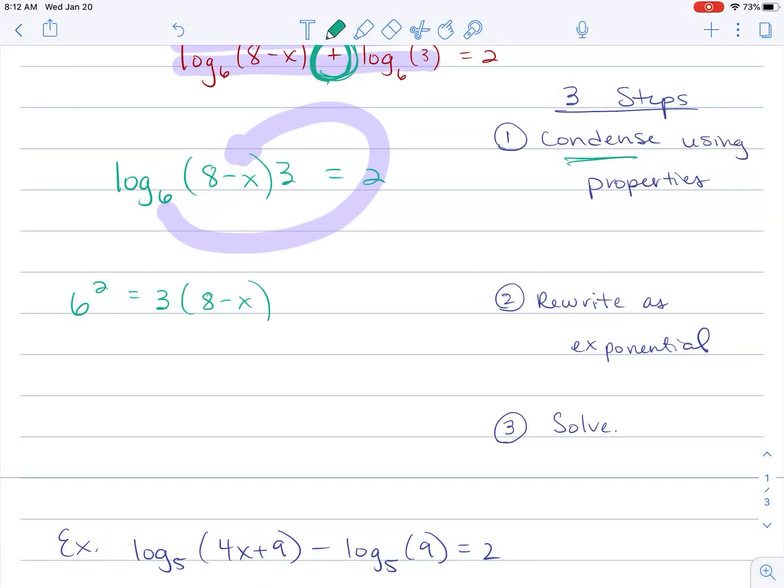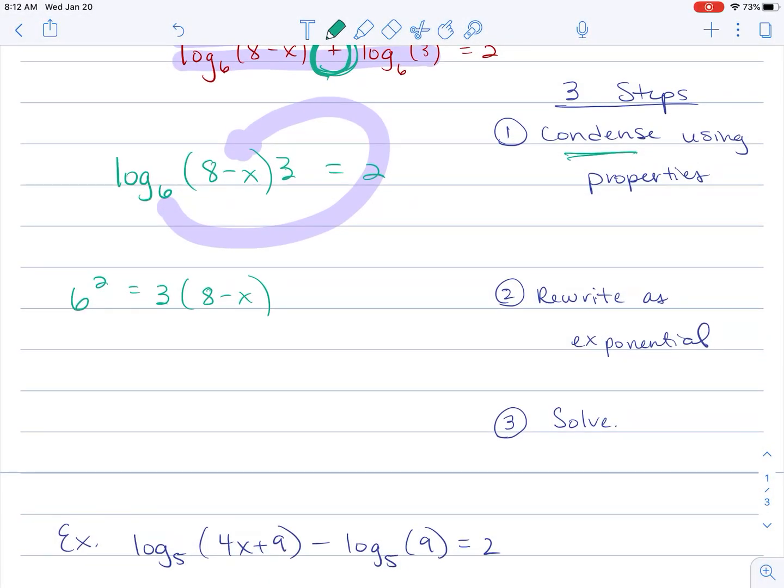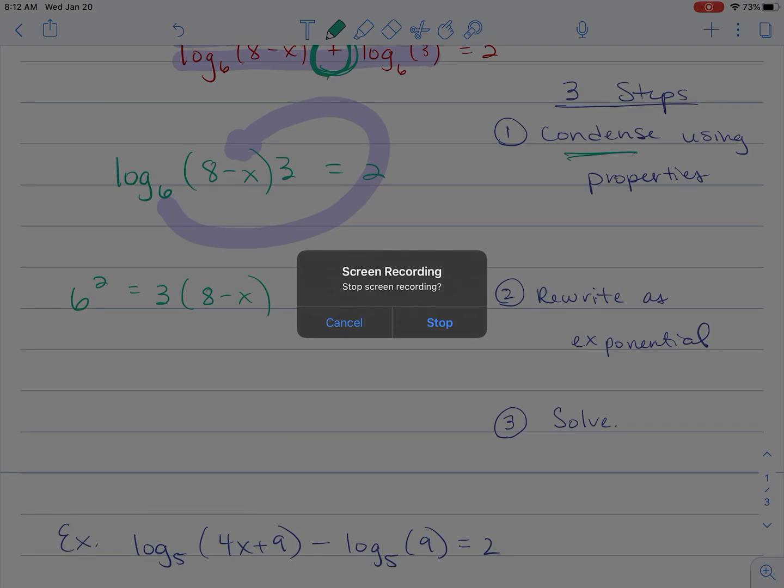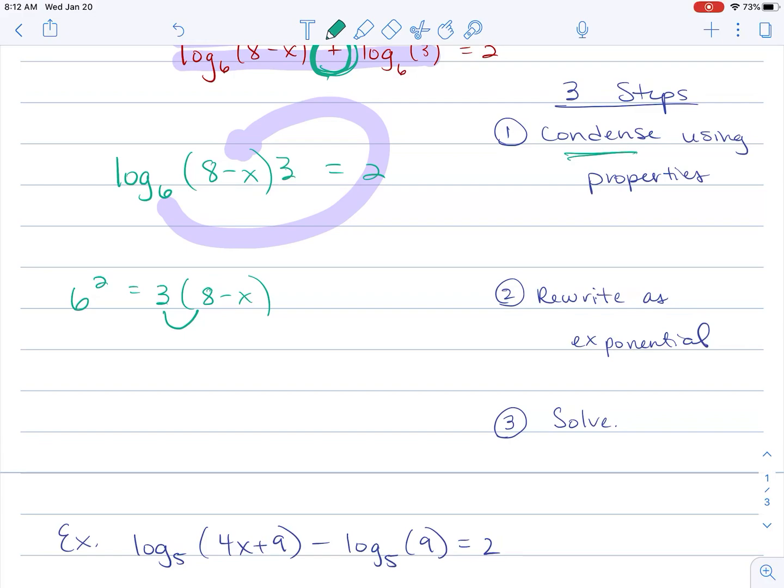Let's do it this way. I'm going to distribute the 3 and get 36 equals 24 minus 3x.